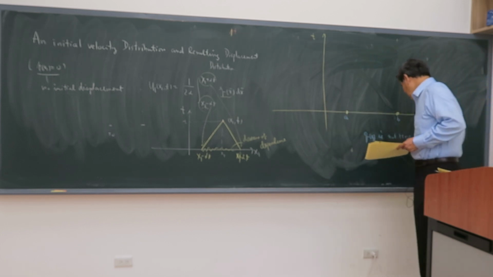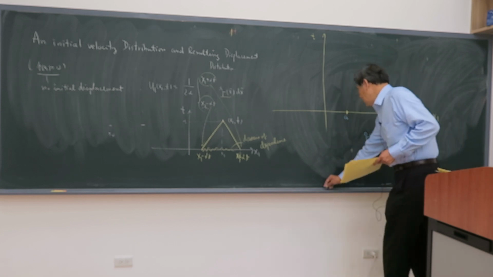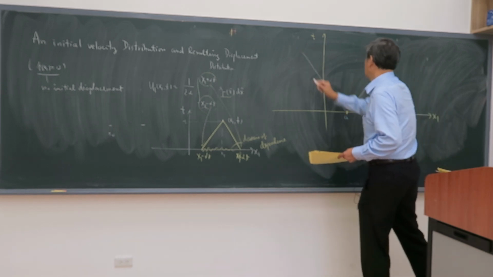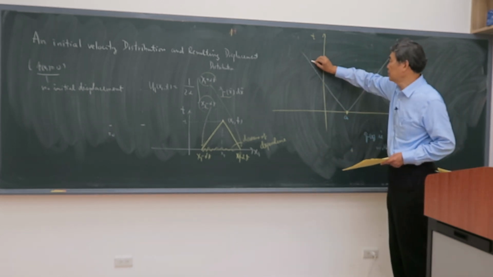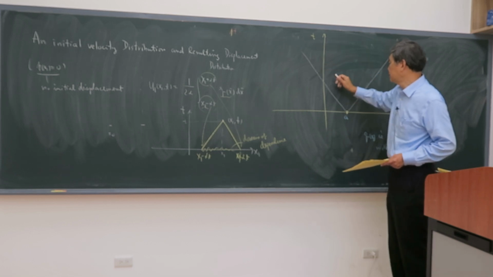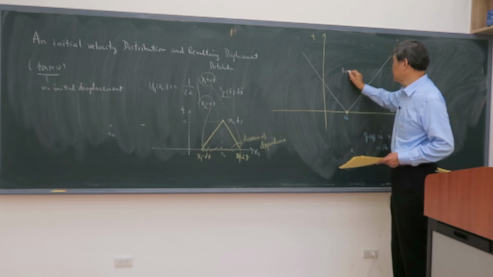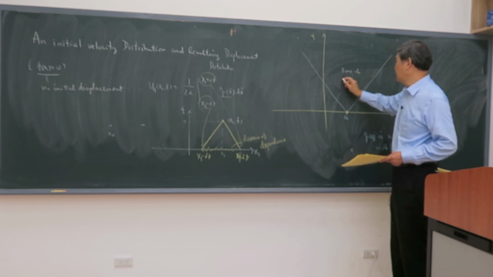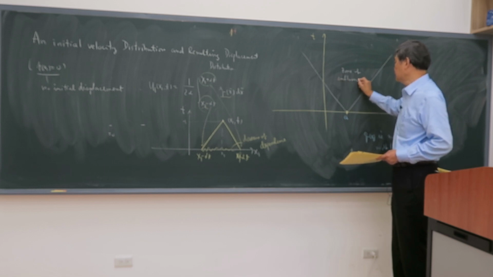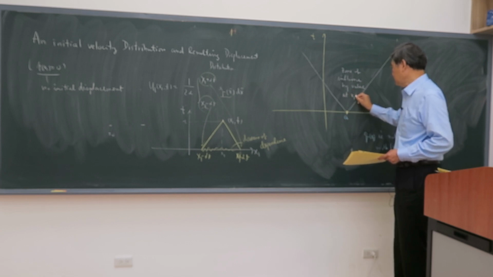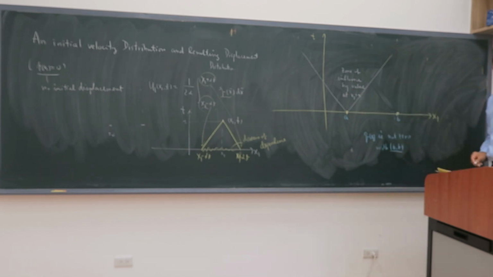So the value of point A, so this is what we call my zone of influence by the value at x1 equal to A, right?